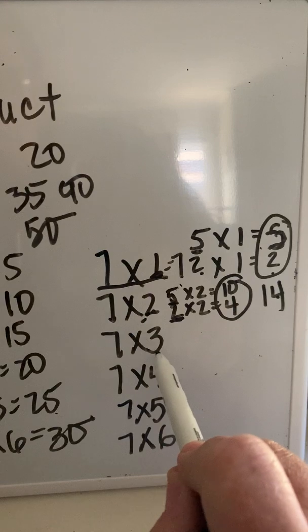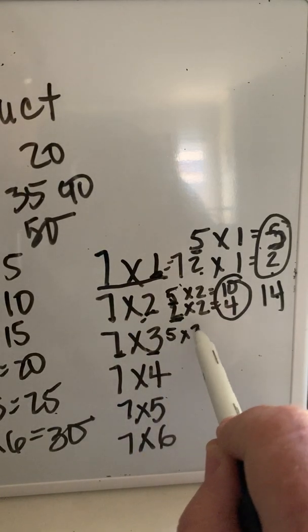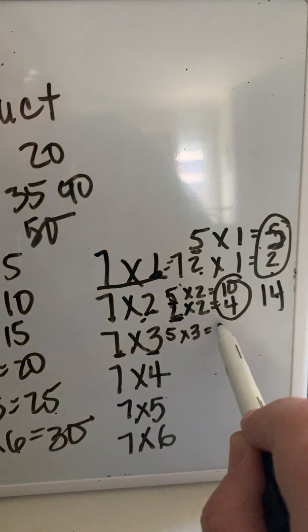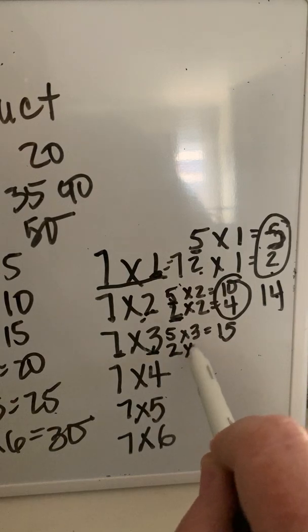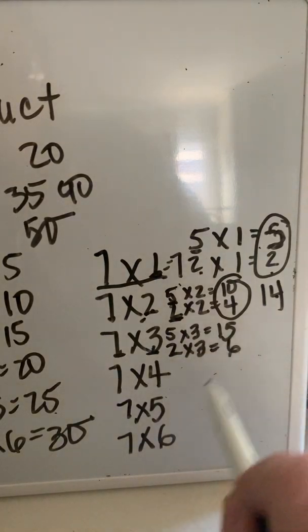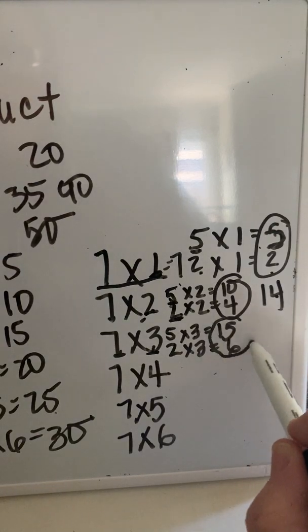Let's do this one. Let's do a 5 times this. Can you beat me to the answer? What's 5 times 3? 15. What's 2 times 3? Can you bring these together?